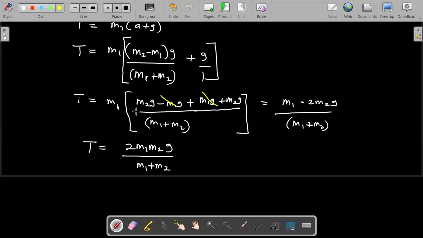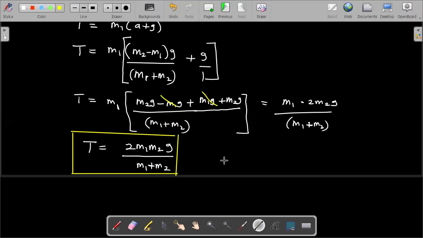So we have derived an interesting expression that can be used to calculate the tension that will be experienced in the inextensible string. So we have our tension to be T equals 2M1M2G over M1 plus M2.